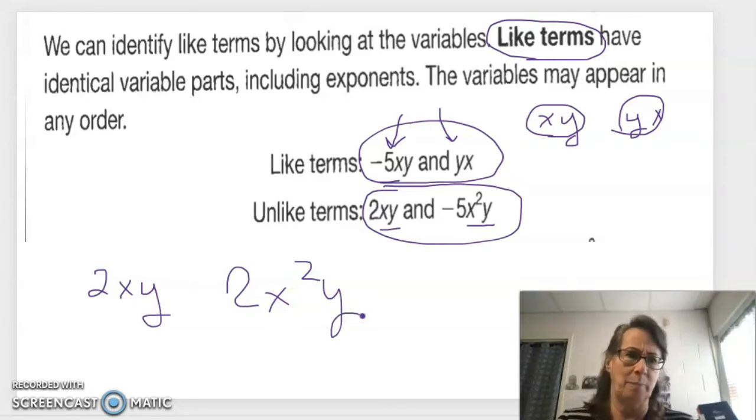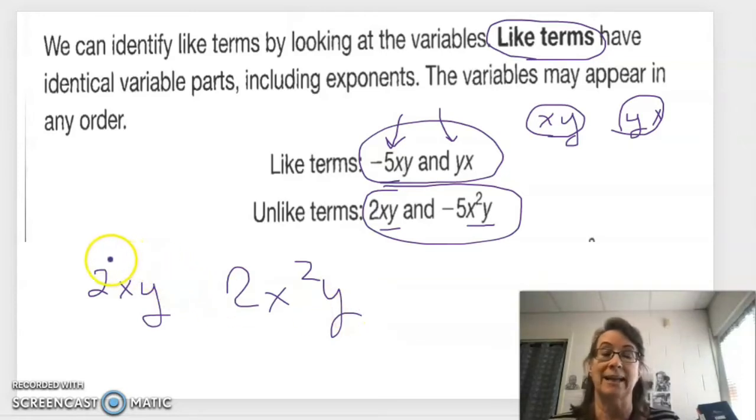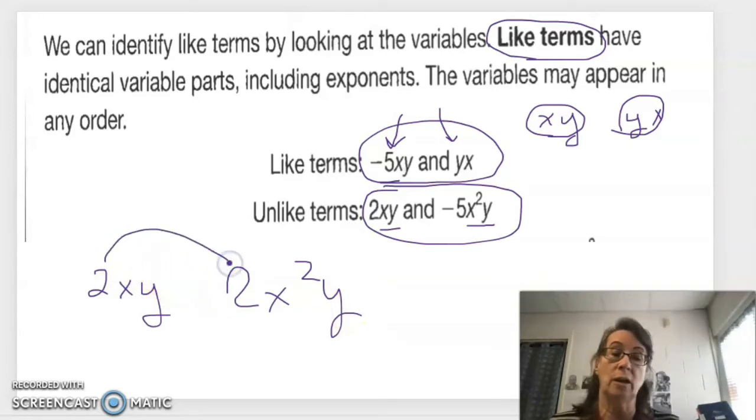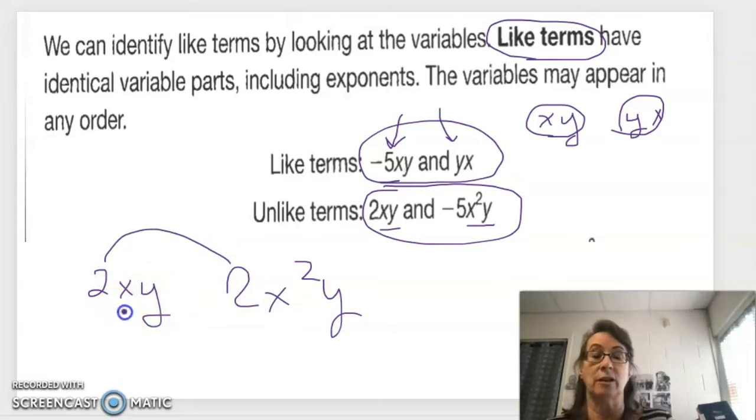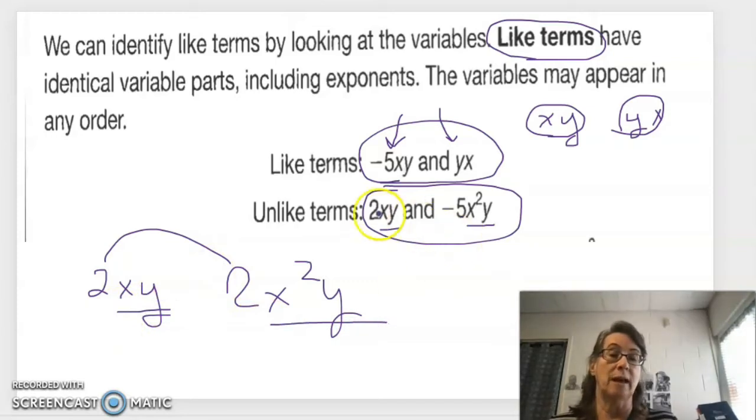I think that would have been a better example, because whether they're like terms or not has nothing to do with their coefficient in the front. It has everything to do with their variable parts. So it did not matter that this was a 2 and a negative 5. That's not what made them unlike terms. What made them unlike terms is that this one had an x squared y, and this one had an xy.